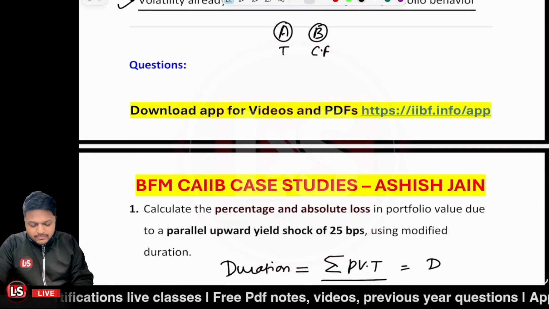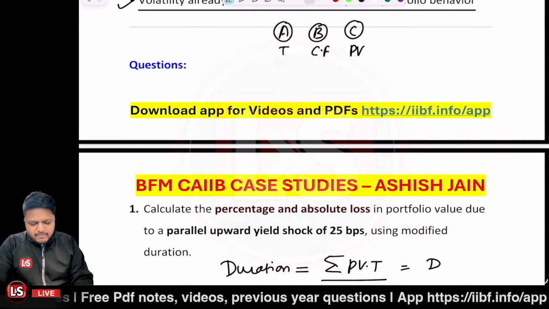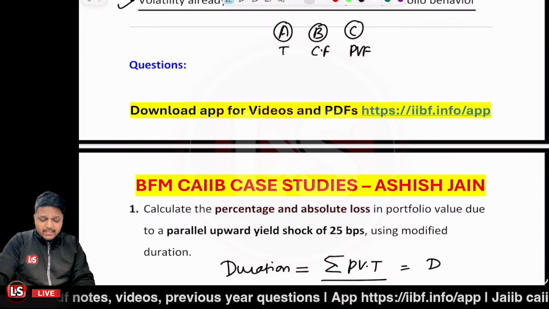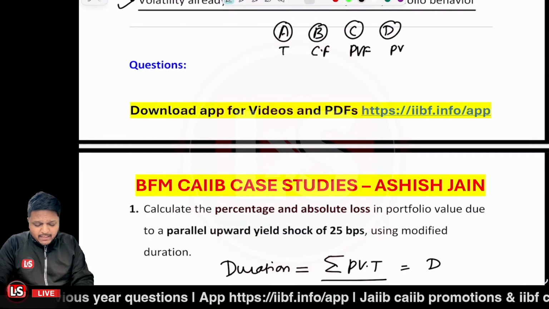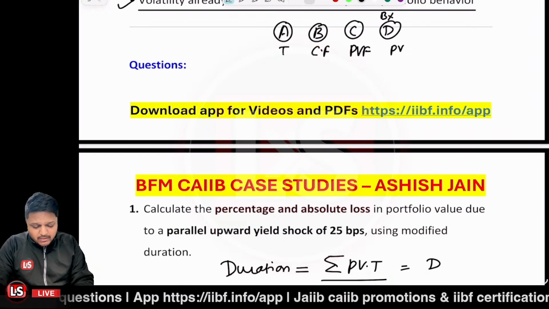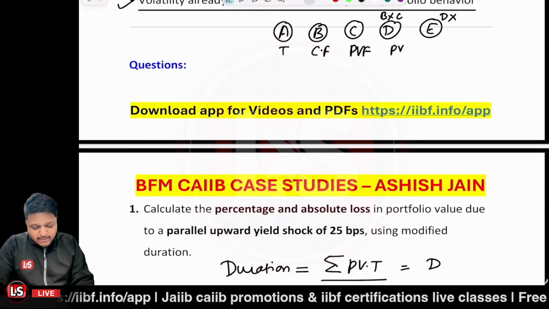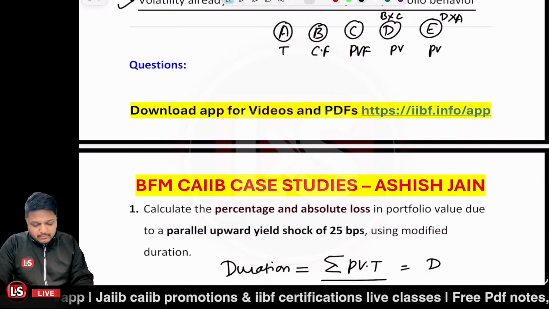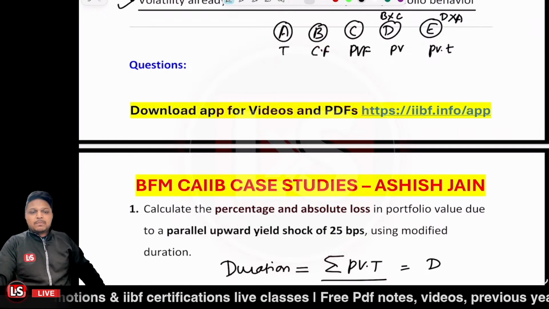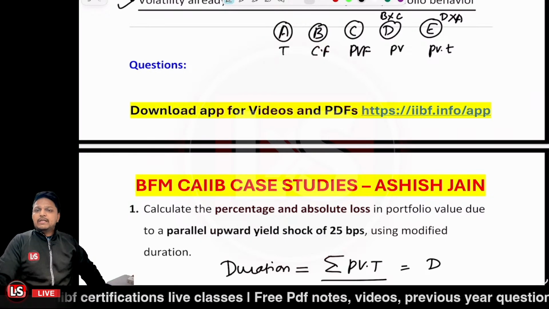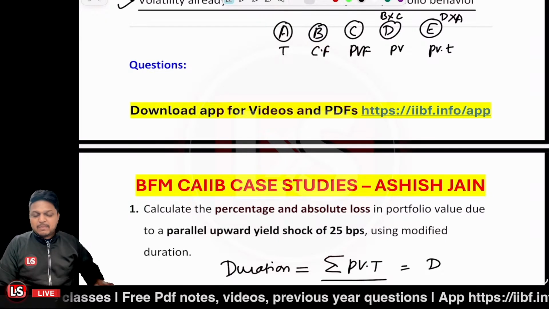The third column, C, would be the PVF, present value factor or discount rate, right? The fourth column, D, would be the present value, multiplying B with C, and the E column would be D multiplied by A, that is PVT. So these 5 columns are to be prepared whenever we solve a question related to duration, right? We have already covered that in the previous video.